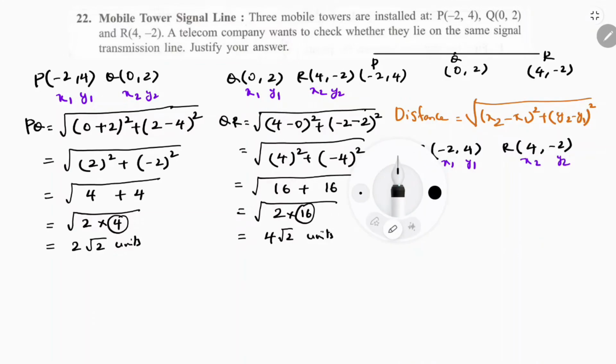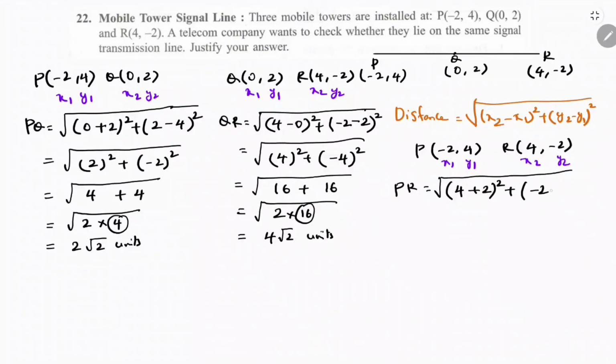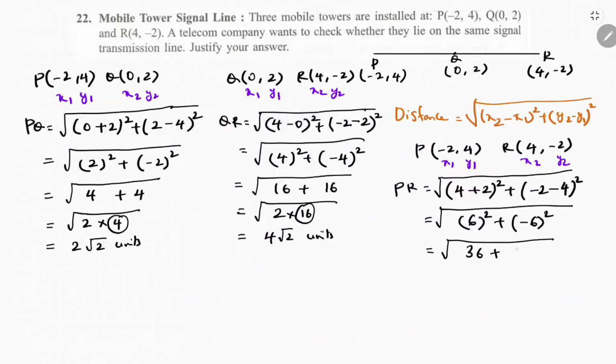Now PR distance is the square root of (x2, 4, minus x1, minus of minus plus 2), and (y2 is minus 2 minus y1 which is 4). 4 plus 2 is 6 square, minus 2 minus 4 is minus 6 square. 6 square is 36, minus 6 whole square is 36. So I'll represent this as 2 times 36, and root 36 is 6 root 2.